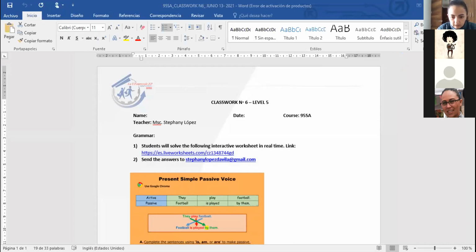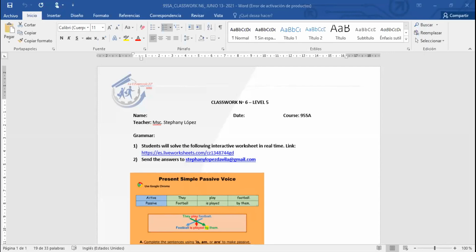There you go, guys. Ya tienen el link. Y les voy a enviar también justo lo que les decía yo de los subject pronouns y object pronouns. Ok, les mando un screenshot para que puedan revisar.